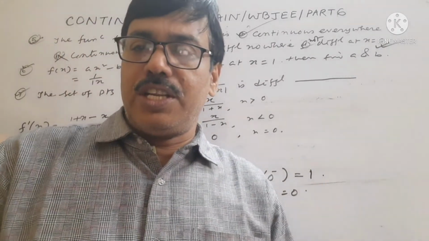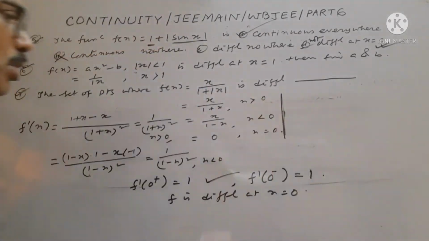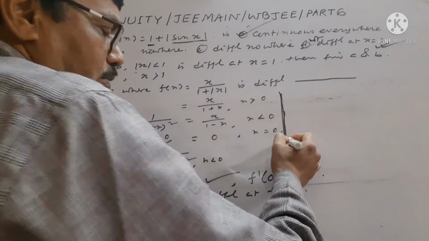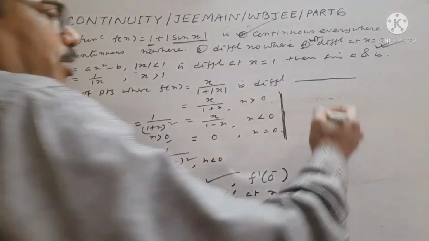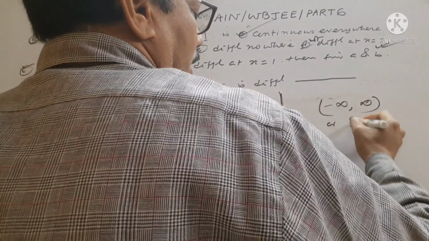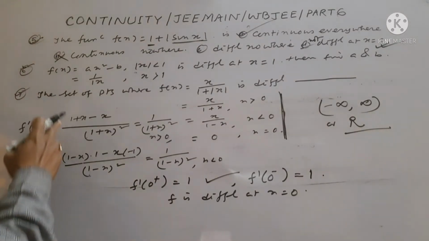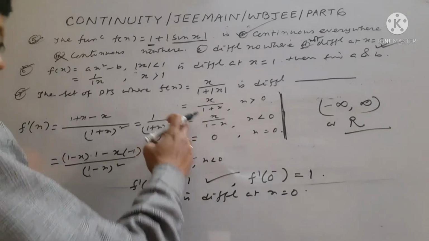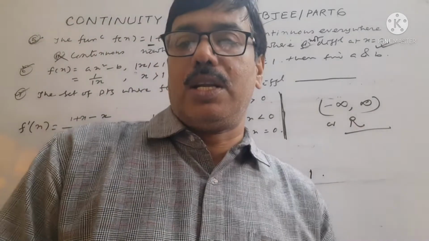Now the condition is imposed only on x equals 0, so there is no need to verify other points. Hence, it is differentiable for all x, that is minus infinity to plus infinity, that is in R. So you calculate f dash x for these two restrictions, and find f dash 0 plus and f dash 0 minus. So it is differentiable throughout the real numbers.